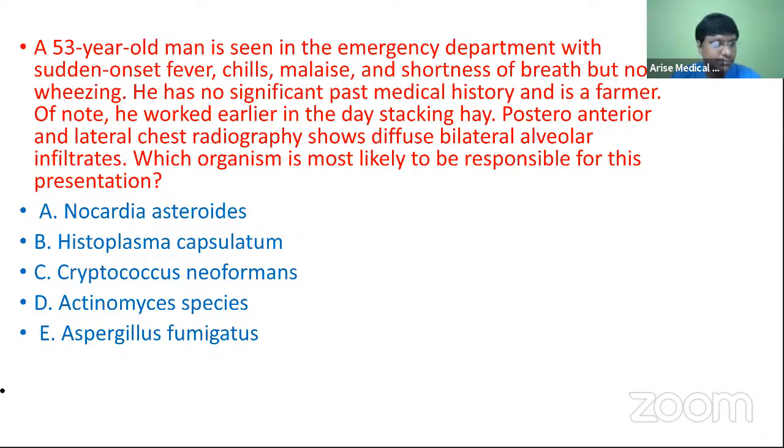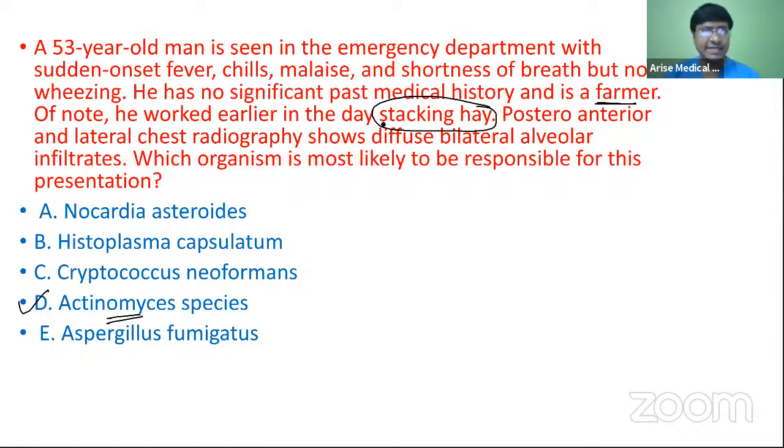Right, so the answer here is Actinomyces species. So what is this? Hay. The history is very clear. He has no significant past medical history and is a farmer.